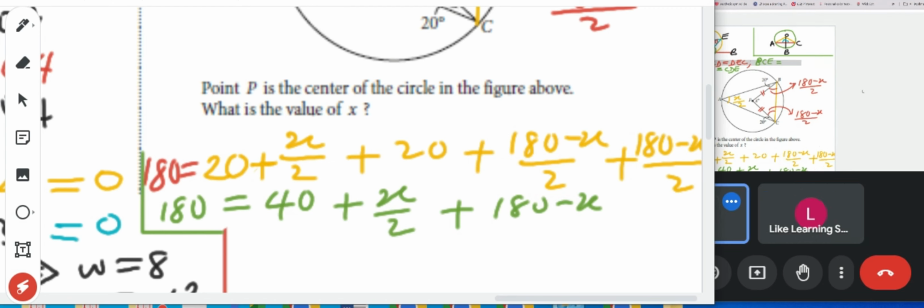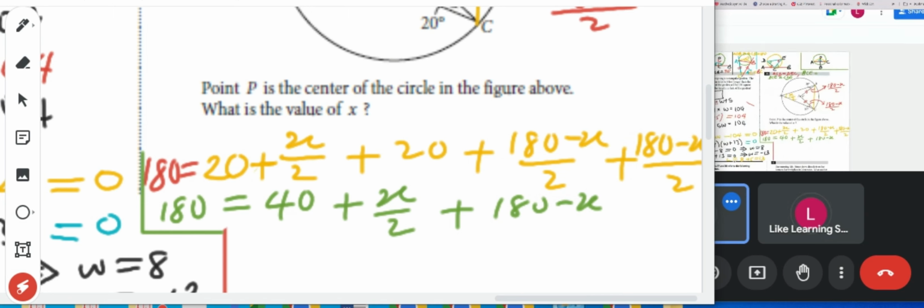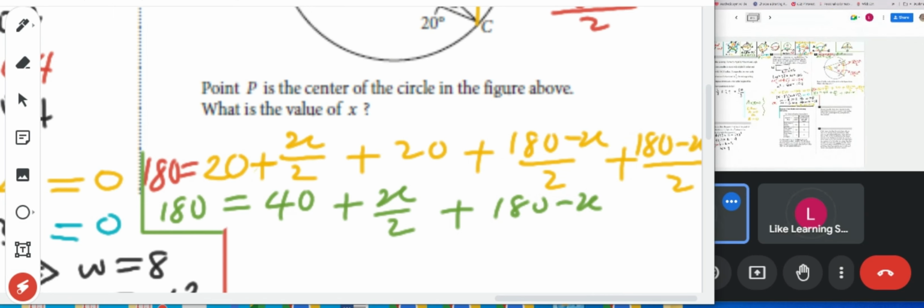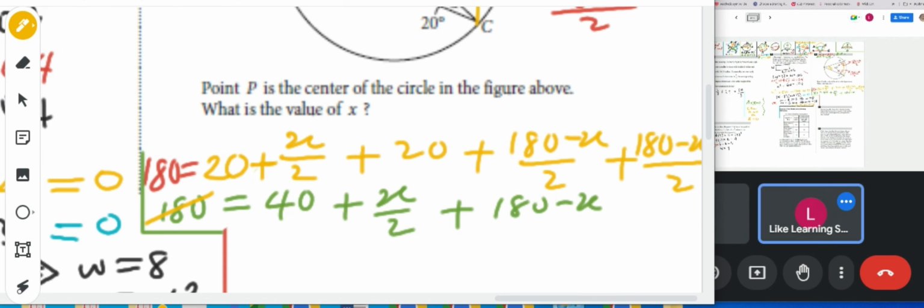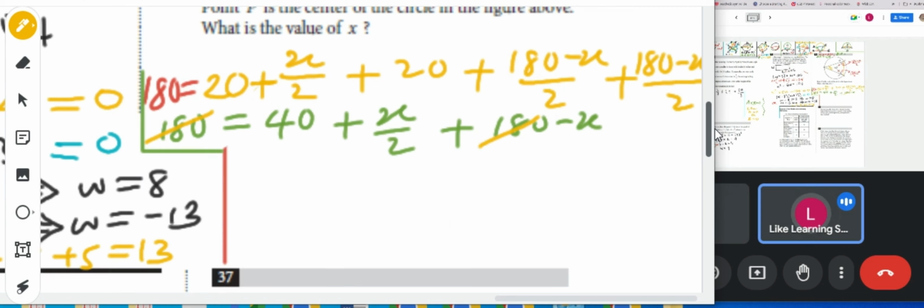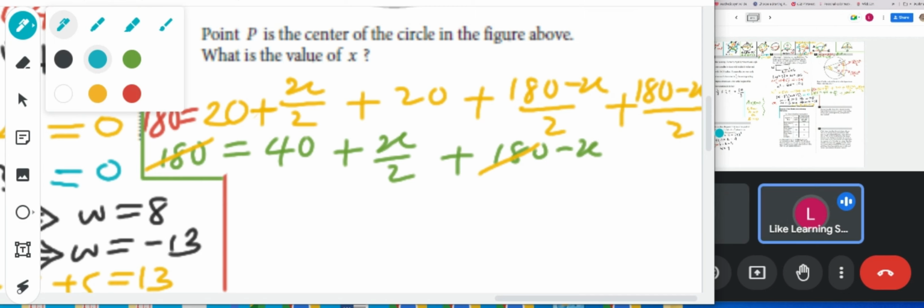We cancel out 180, and 40 will go to the other side. This will cancel out this, and 40 will go to the other side. It's a simple solution of equations, which I know you can do.